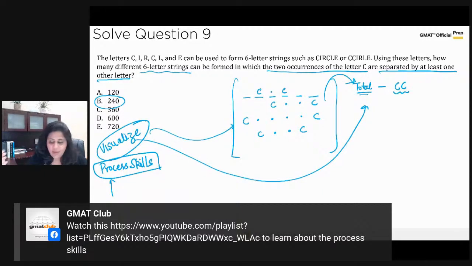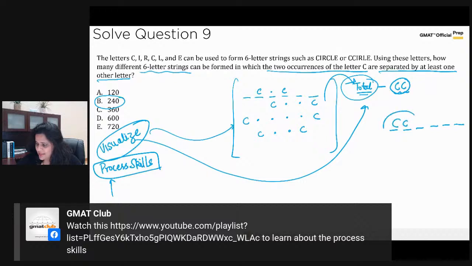Now your question is simply find the total number of ways, which you've already done, subtract all the ways in which C and C are together. Now if C and C are to be together, you really can consider them as a single spot, a single character. So now instead of forming 6-letter words, you are combining these 2 together.